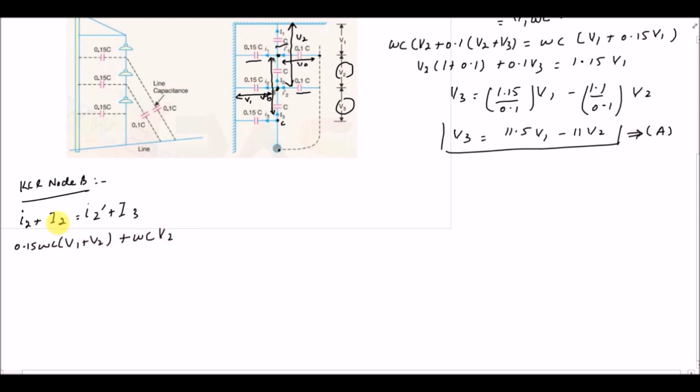So V2 is the voltage across this capacitance, and for I2 dash, this is I2 dash, so this is the same voltage as V3. So I2 dash is V3 omega C 0.1 plus C omega V3.